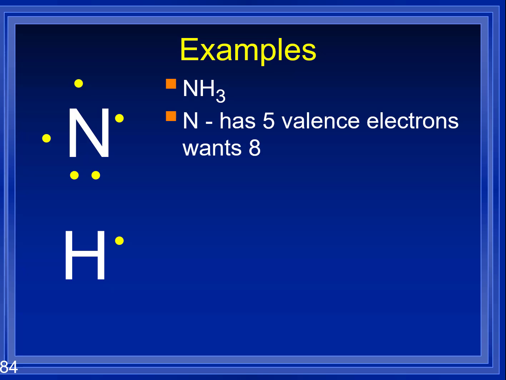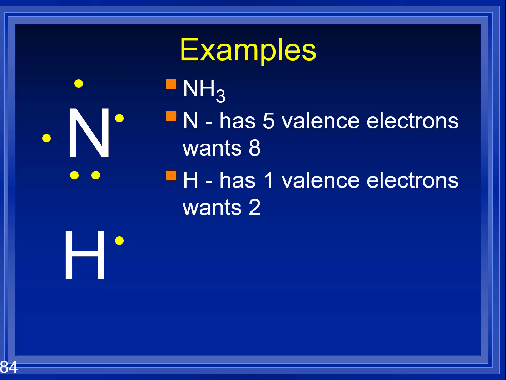So N has a have number of 5 and a happy number of 8. It has 5 valence electrons, and it'd be happy with 8 electrons around it. The hydrogen has 1, and it would be happy with 2. But there are 3 hydrogens.